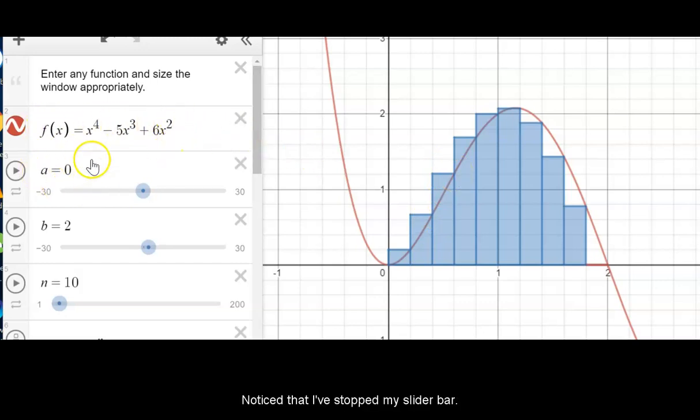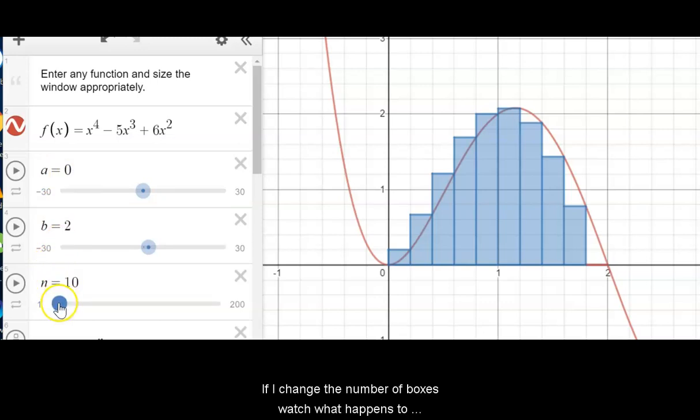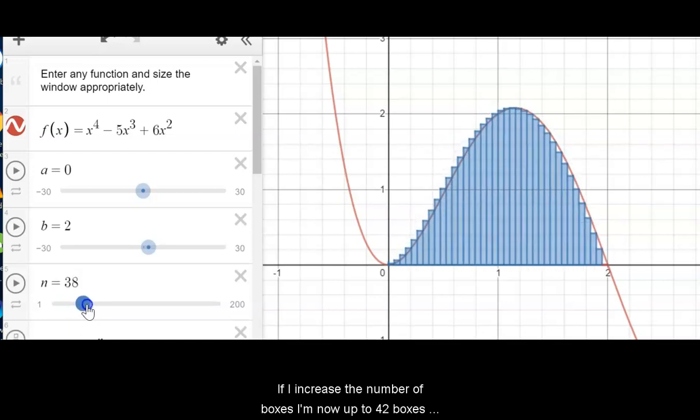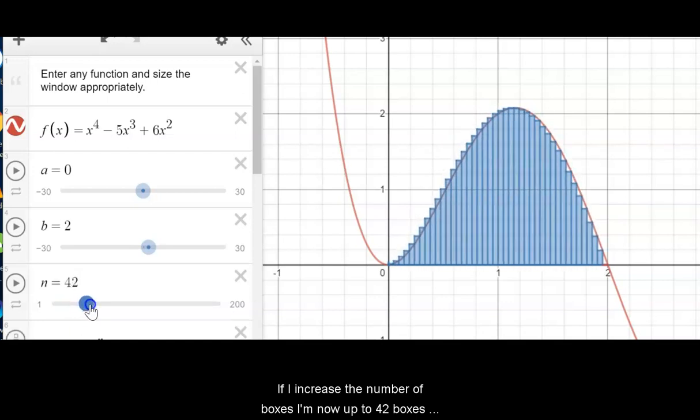You'll notice that I've set my slider bars to be at a equals 0 and b equals 2. If I change the number of boxes, watch what happens to the area under the curve and whether it gets better or worse. If I increase the number of boxes, I'm now up to 42 boxes.